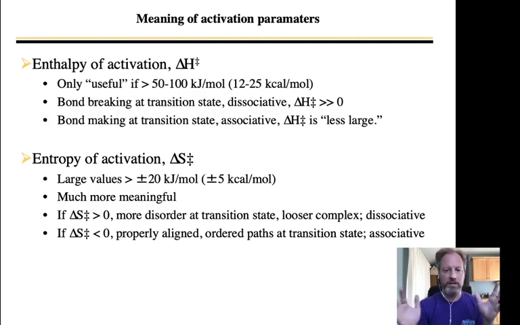There's an increase in entropy at the transition state, suggesting a looser complex and a dissociative or an interchange dissociative mechanism. If delta S of activation is less than 0, that suggests an ordering at the transition state on the alignment of paths, suggesting an associative type of mechanism.